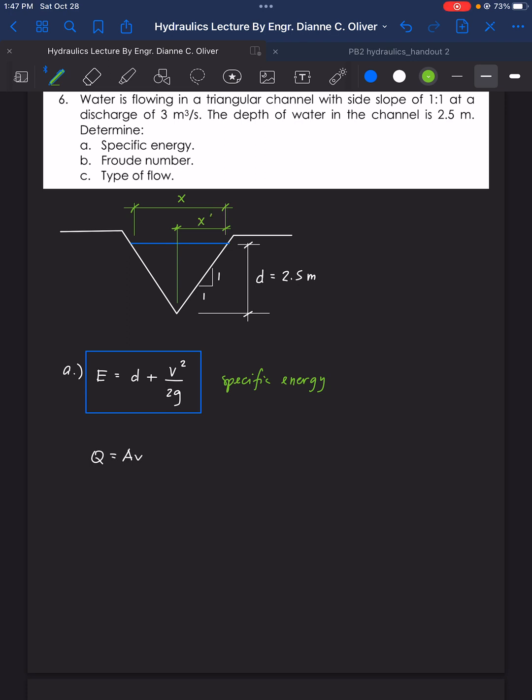Since this is a 1:1 ratio, using similar triangles, x prime over the depth of 2.5 is 1:1, therefore x prime is equal to 2.5. Therefore x here is equal to 5 meters.